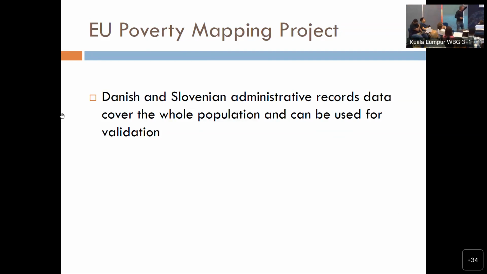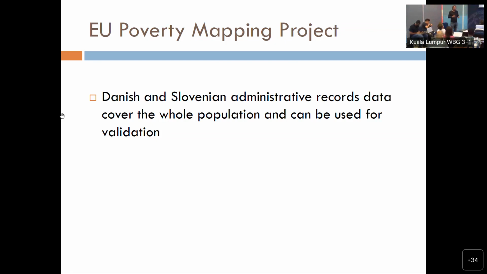The European Union said, okay, before you start, we want you to convince us that this is a solid method. So they gave us the opportunity to test the method in two European countries that provide a similar setup to Brazil. It's not quite a population census, but Slovenia and Denmark use registers, so they don't do a population census anymore. Everyone is on the register.